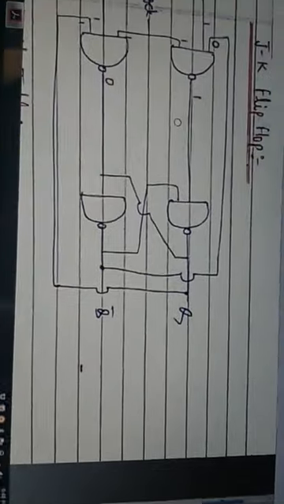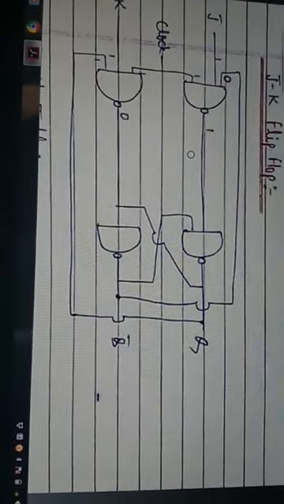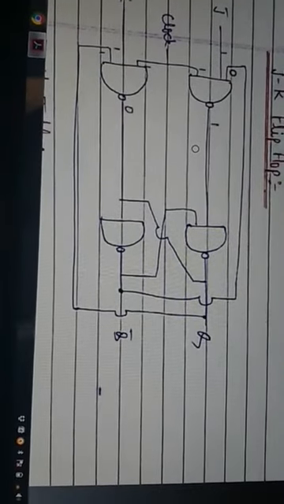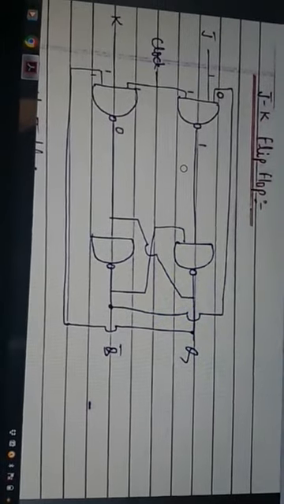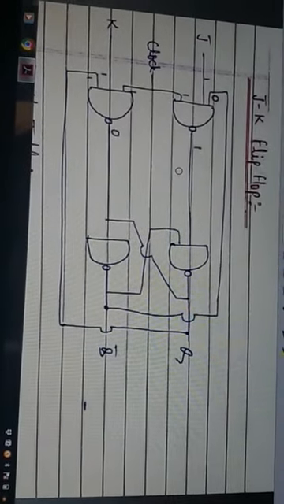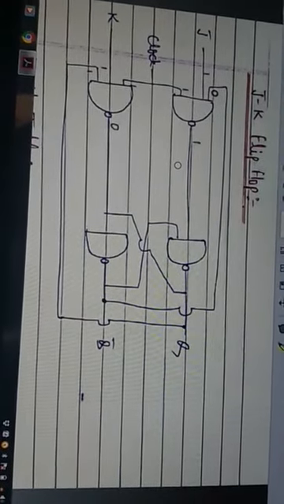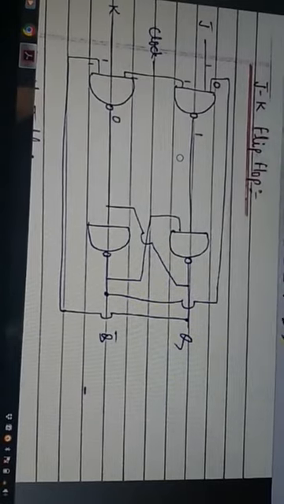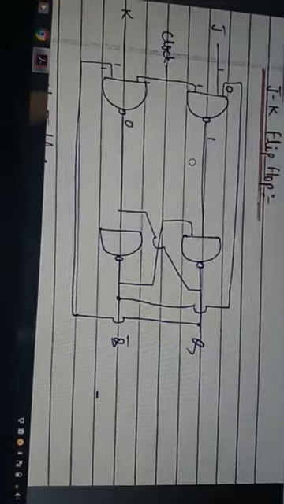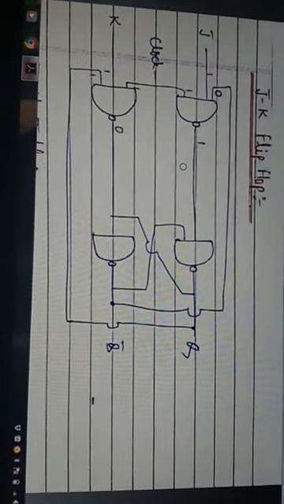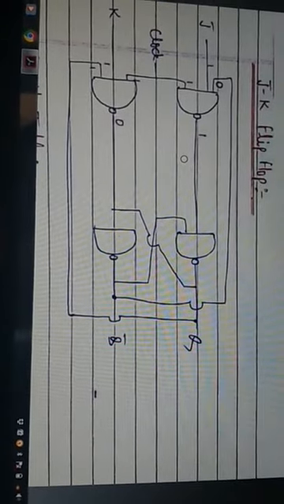It means S equals Q bar and R equals Q. Let's suppose Q equals 0, so S is 0 and R is 1. S 0, R 1 means the output is reset. But if Q equals 1, then S 1, R 0 means the output is 1.